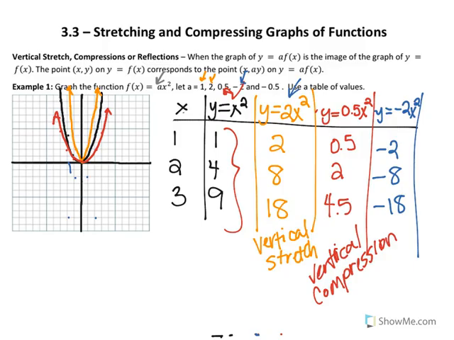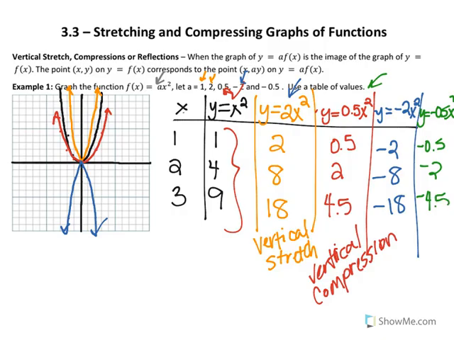So this graph will look like this. So it's the mirror image of that 2x squared. And same with the -0.5 x squared. It's going to look exactly like our red graph, except it's going to be opening downwards.